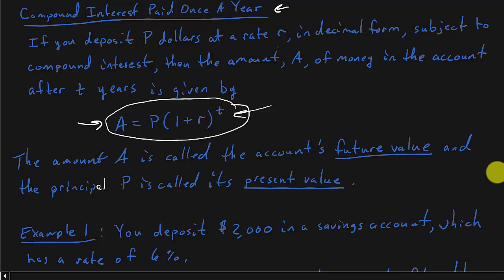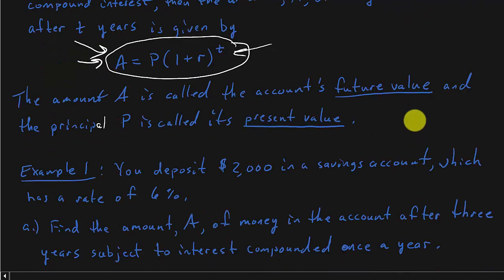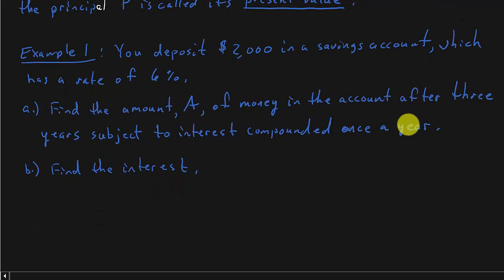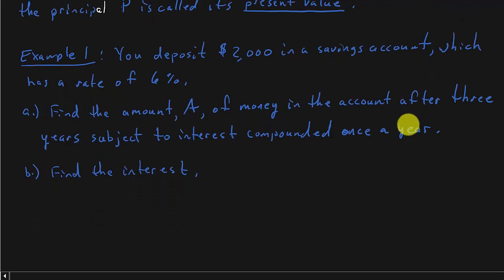And then after so many years that money's in there, you accumulate interest, and that interest is added to that principal. So how much money would you have in the account total? The principal plus all the interest. How much would that total? Well, that's what this formula gives you.